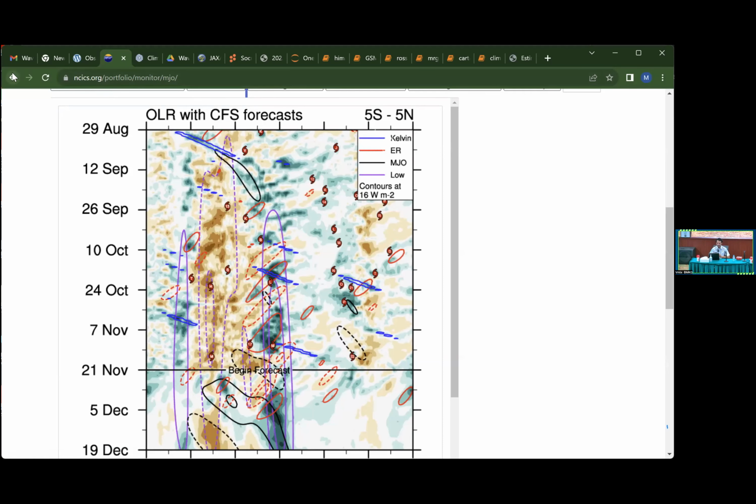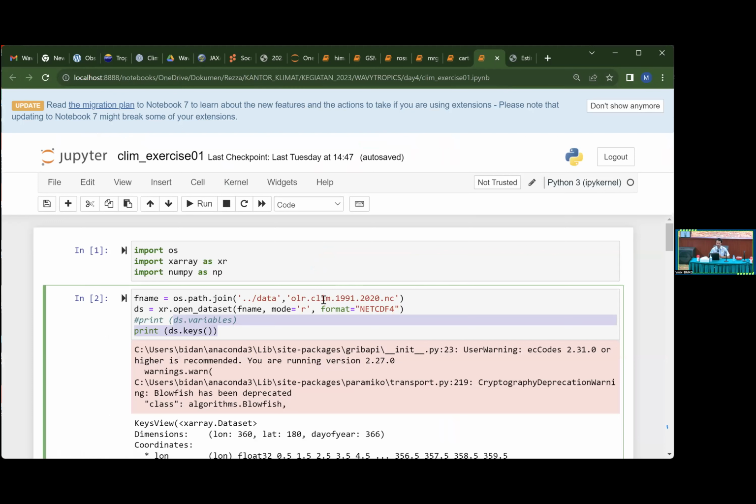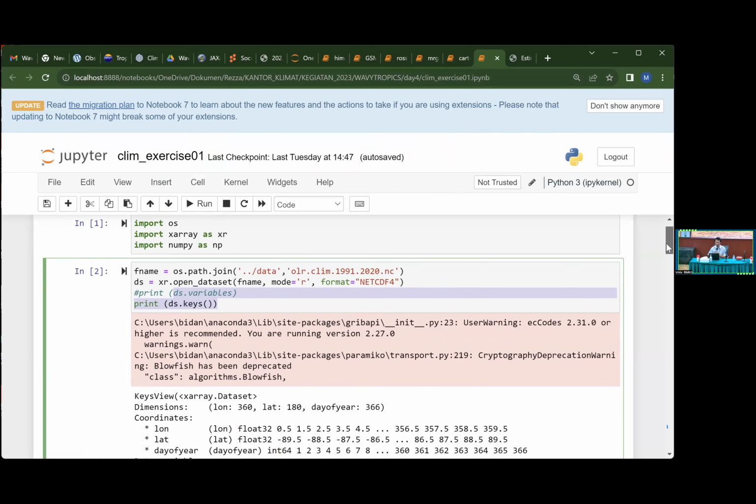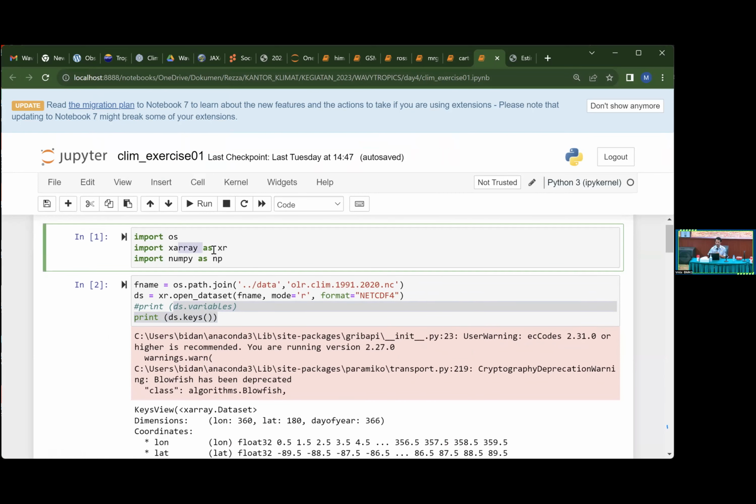Okay, first let's use this OLR climatology. This is the newest, updated one for the OLR climatology used in this website. We will use the same. I converted it to NetCDF, so it is really easy to read by using just a simple module in Python.